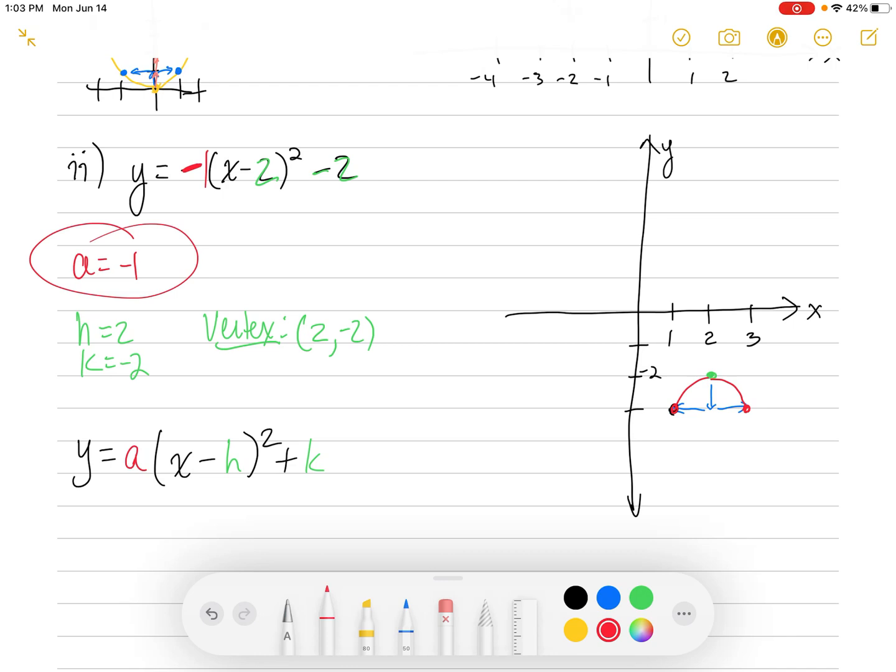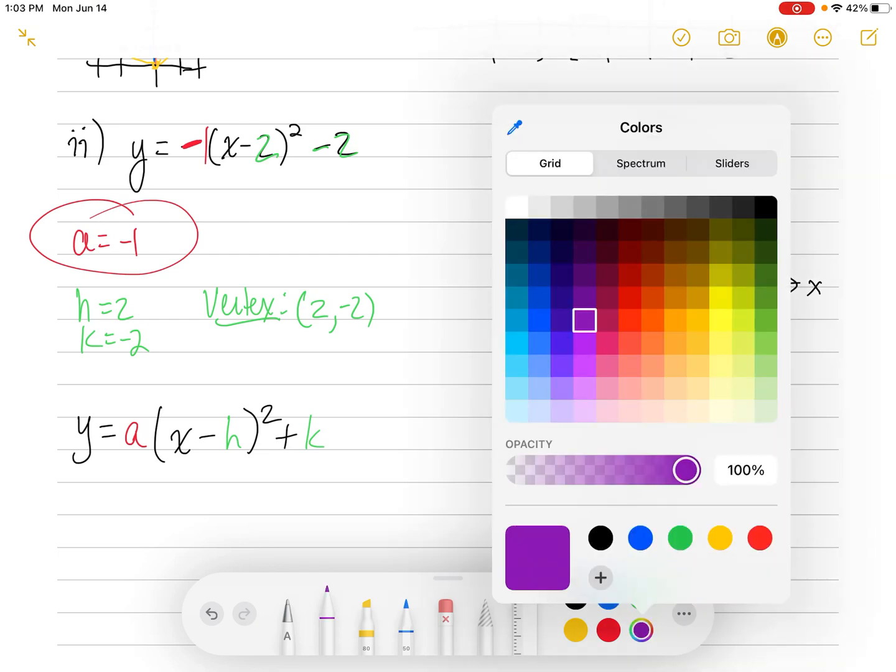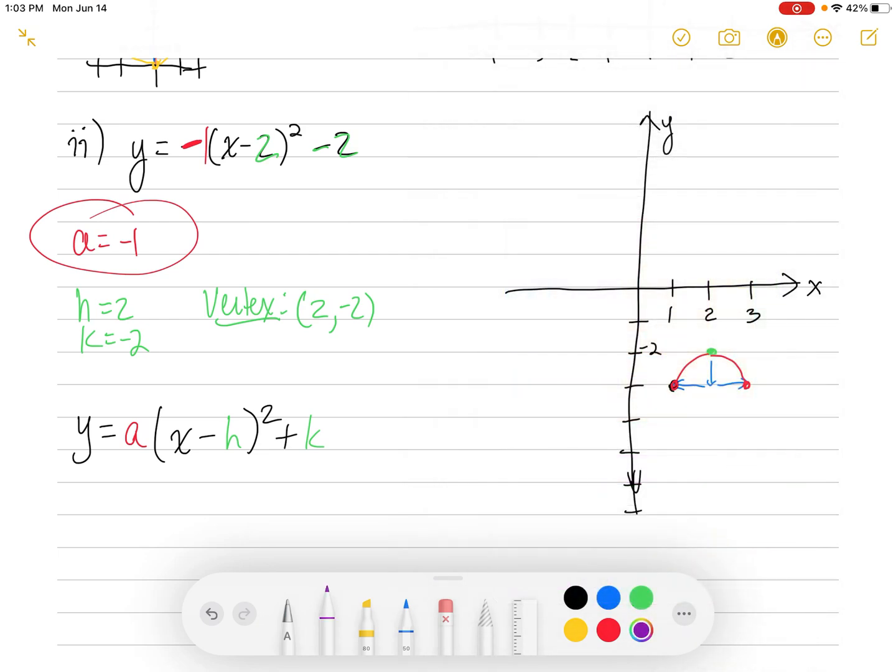And normally then you would go what? Up 4, right 2, and up 4, left 2. But we're going to go down 4, right 2, and down 4, left 2 to find additional points. So let's use a different color for those. I don't know, purple.